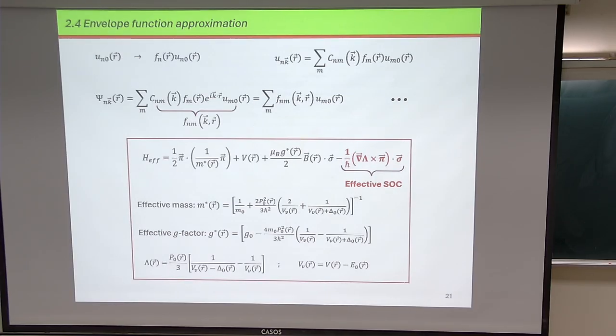For this, essentially, you expand in a series of the Bloch functions at k equals 0. And now I'm putting here this envelope function, which I don't know what it is; it's what I want to calculate. So the total wave function you can write like this, and you can absorb all these coefficients into just one f.